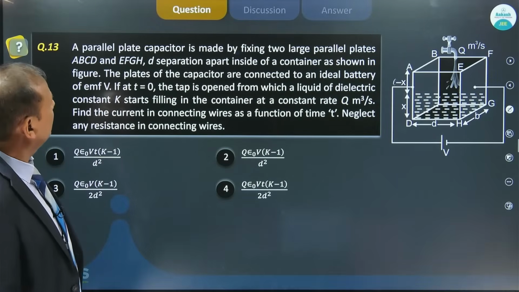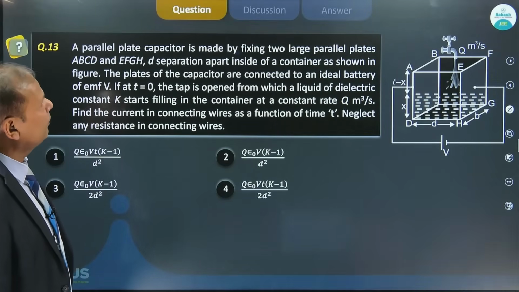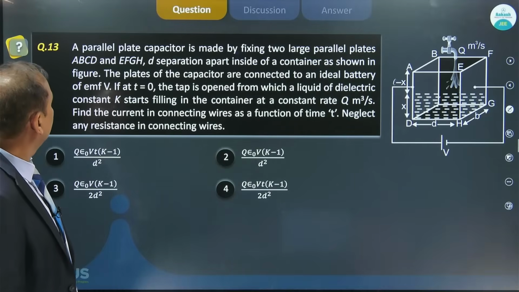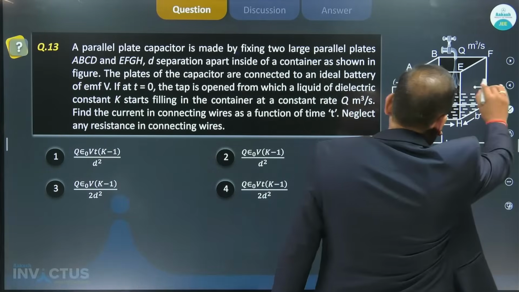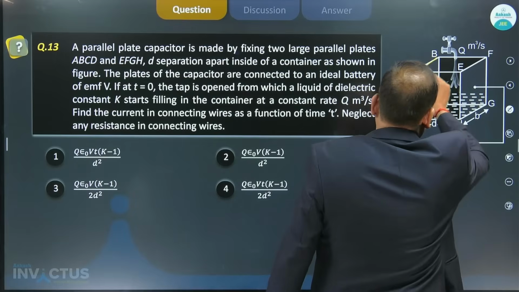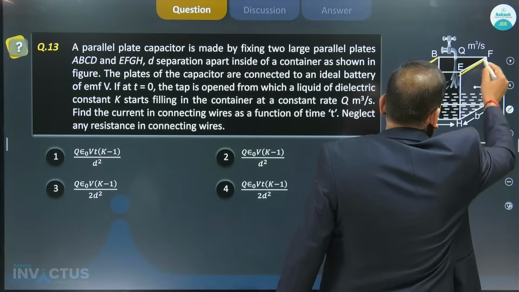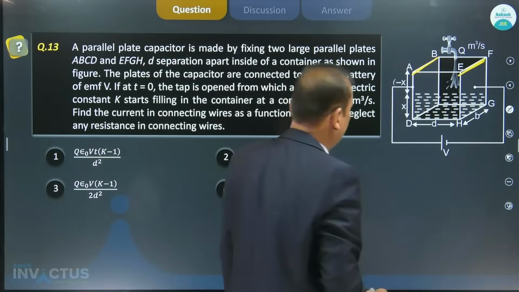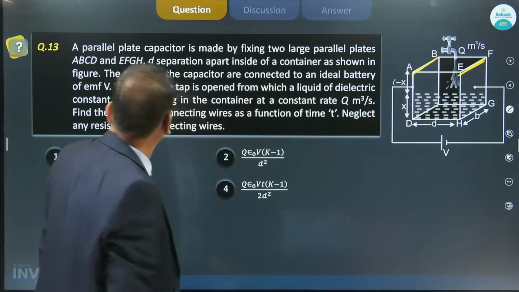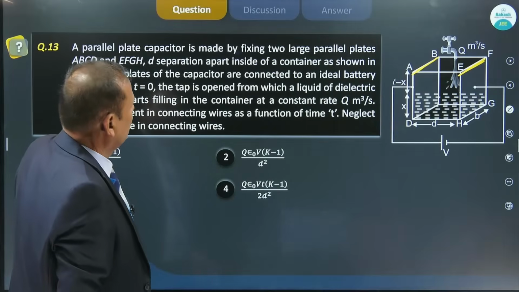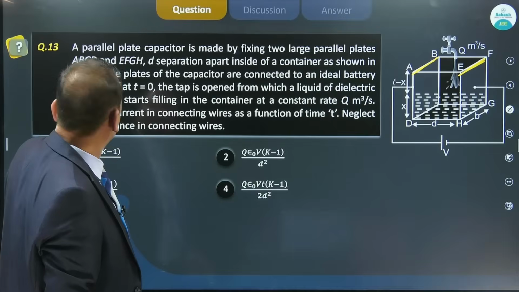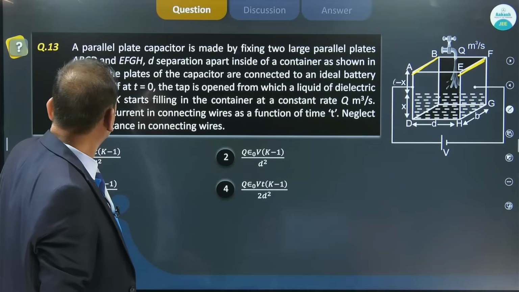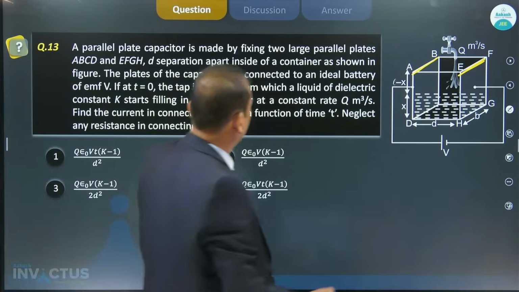A parallel plate capacitor is made by fixing 2 large parallel plates A, B, C, D and E, F, G, H. ठीक है, ये है. These are the plates and separation is d. The plates of the capacitor are connected to an ideal battery of EMF V. Okay.